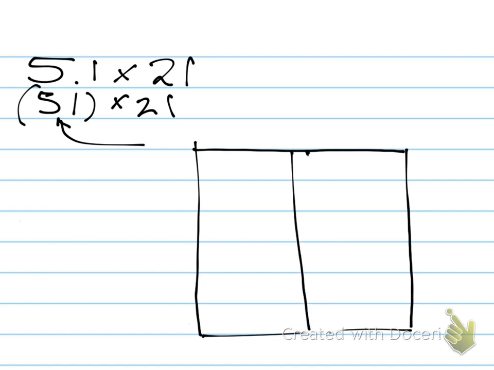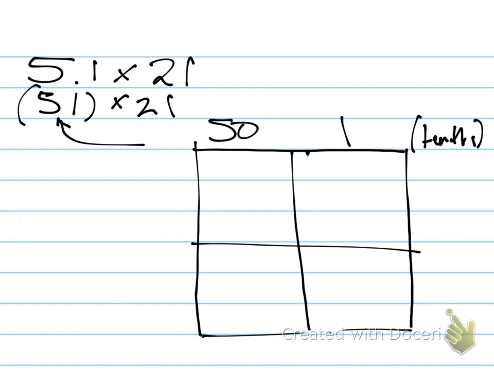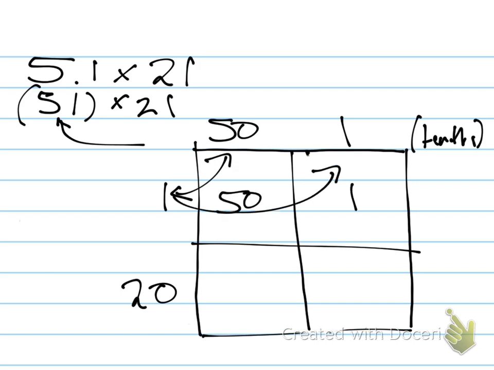A line down the middle, a line down here because it's a 2 by 2. They set it up a little differently than I do. I try to tell the kids, let's do 1 times 50. That's just because it's the order you'll do it with the standard algorithm. So it's going to say something similar to this, and then it has the tenths over here. Got to remember that it's in tenths. And then 1 and 20. And then we find the partial products. What's 1 times 50? 50. What's 1 times 1? 1.